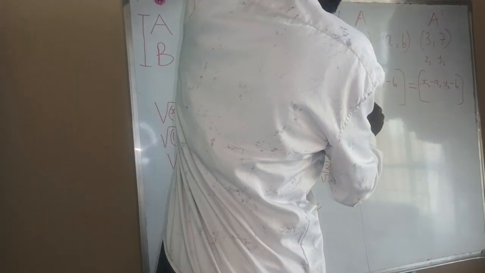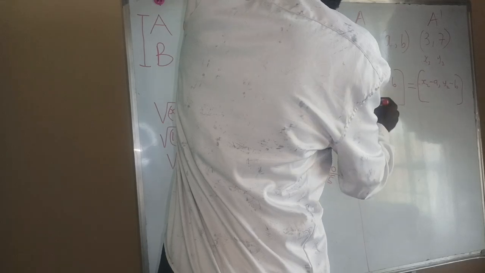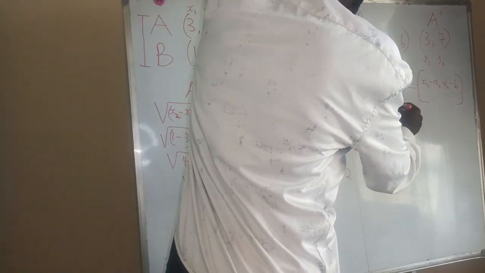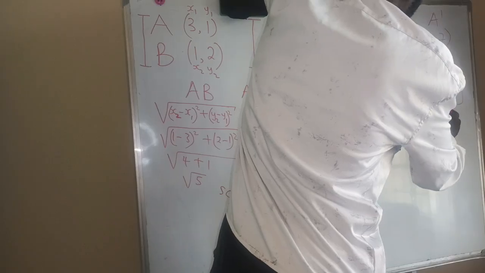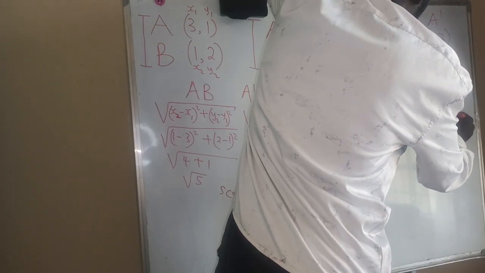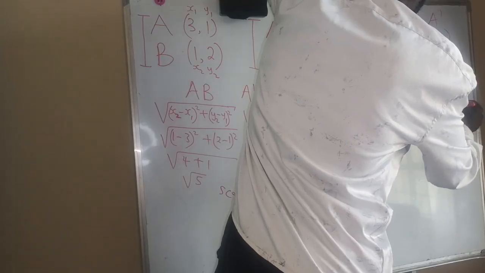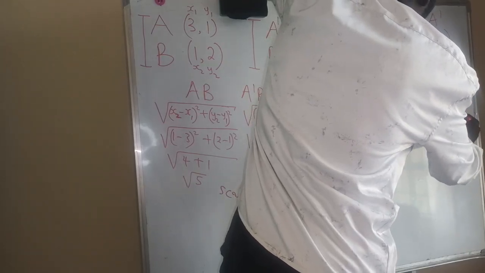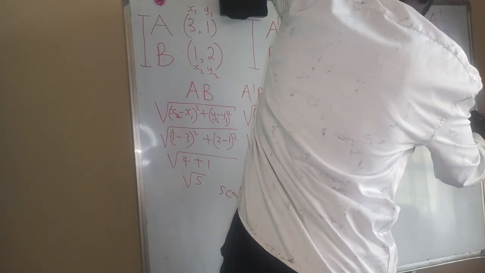So we shall say 2 into x1, that is 3 minus A, comma, y1, that is 1 minus B. This must be equal to x2, that is 3 minus A, comma, then y2, that is 7 minus B.